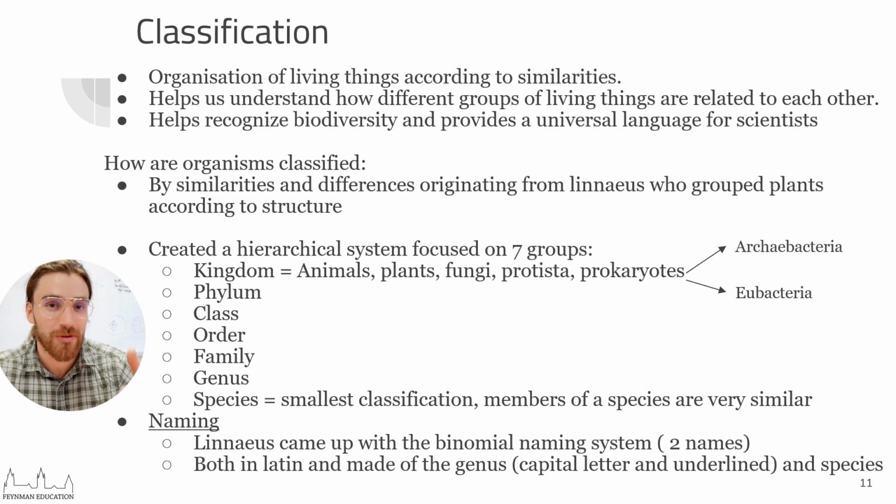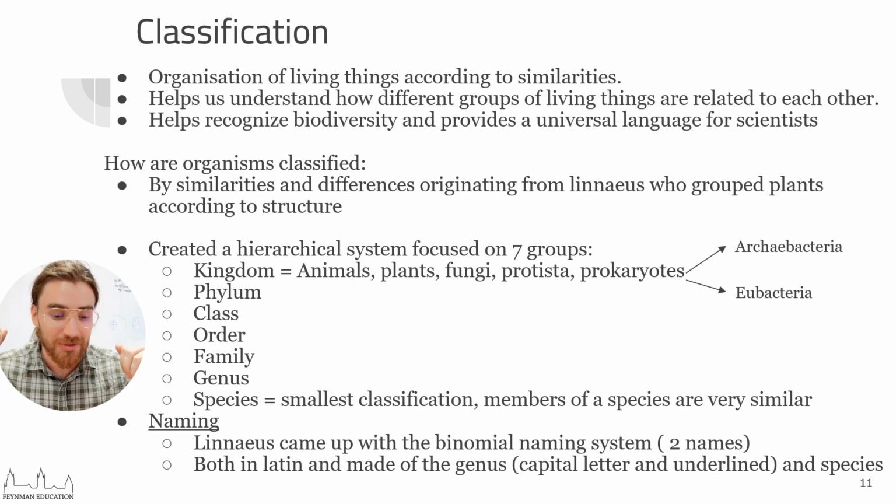Now, how organisms are classified: by their similarities as well as their differences. This originated from a man called Linnaeus, who grouped plants according to their structures. Linnaeus created this hierarchical system made up of 7 groups.